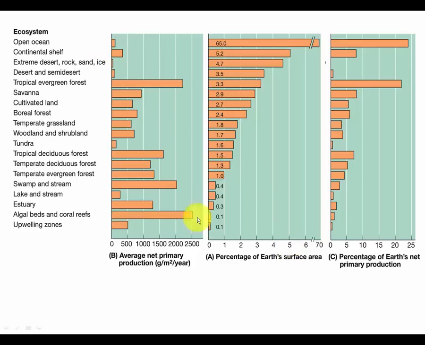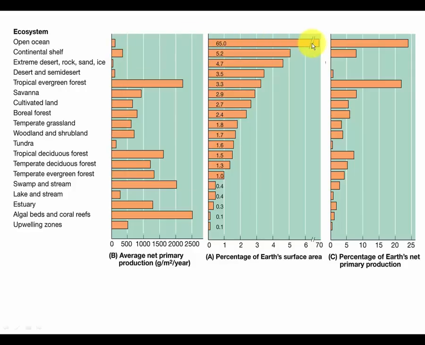However, this chart here also shows something that's very important. It shows the percentage of the Earth that is covered by each one of these ecosystems. And that makes a big difference. The open ocean is a miserable place on a per unit or per area basis to live if you are a producer.